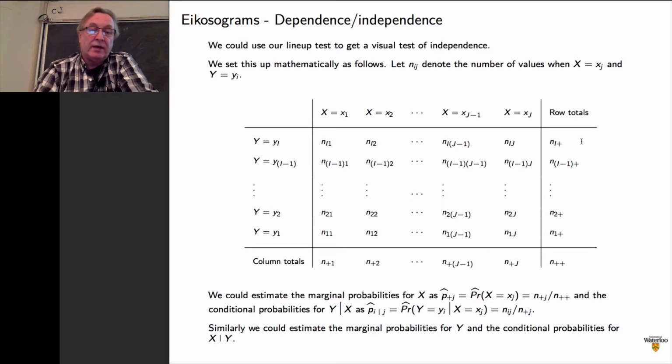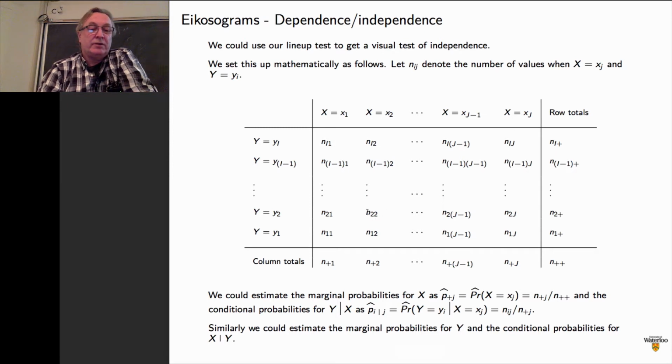Similarly, this way, I can do the conditional probabilities for x taking any values given y is fixed. So given y equals yi, n capital I1 divided by n capital I plus is an estimate of that conditional probability. And similarly, these ratios all along that way. Okay? And that should make sense to you if you think about how you would estimate the joint probability of any one of these.